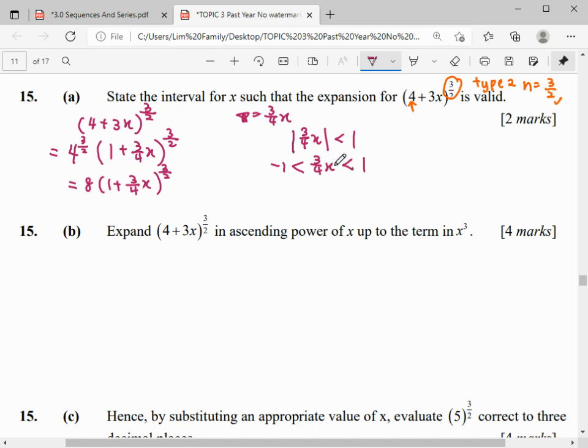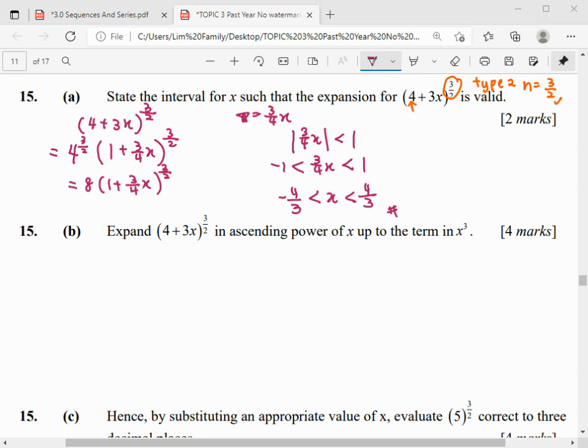It becomes this pattern, less than 1, adding another negative part, then we simplify our x. We move out this constant: this value we times by 4 divided by 3, so here becomes 4 over 3. Same at this side also, we times by 4 divided by 3, so it becomes negative 4 over 3. So this is how we find the validity.